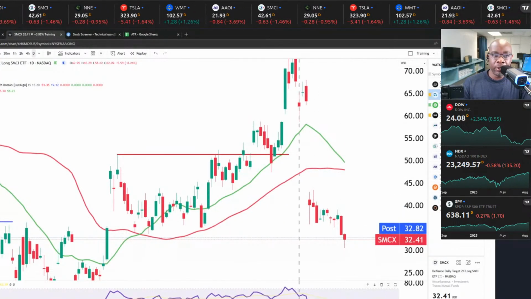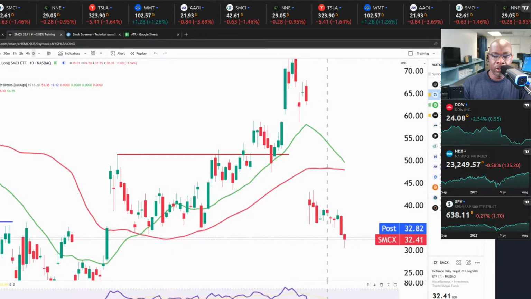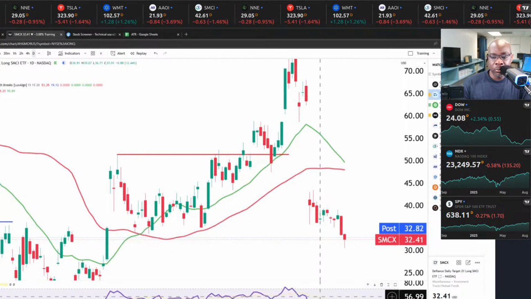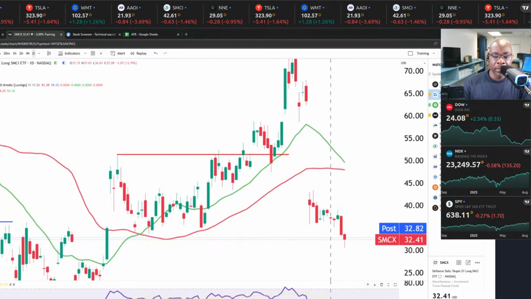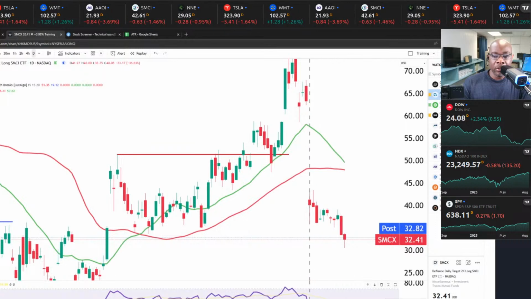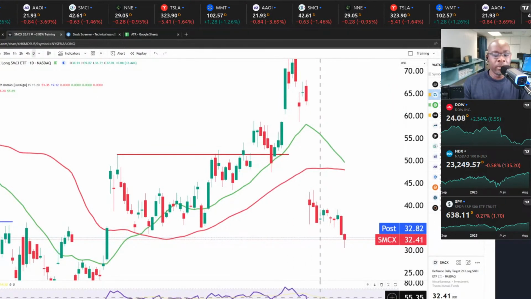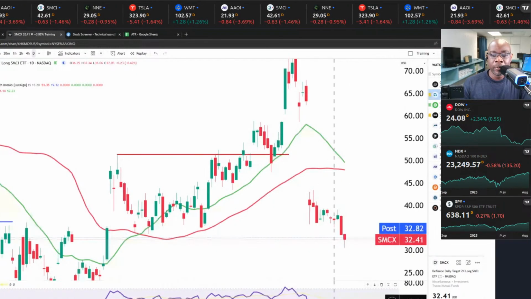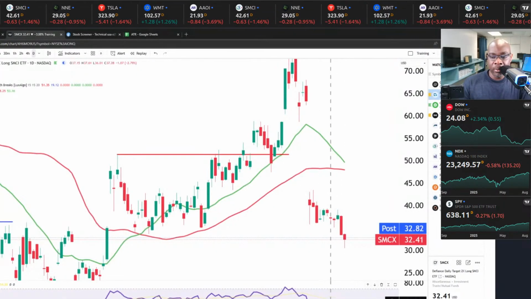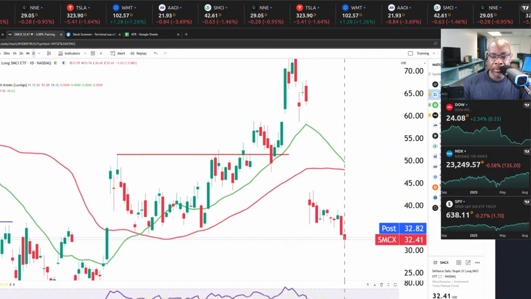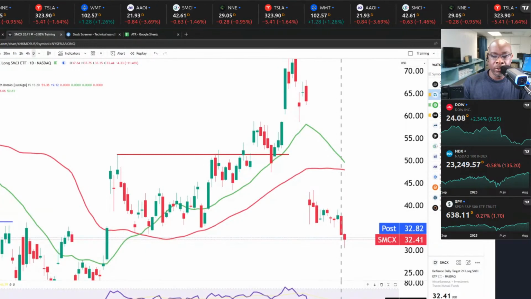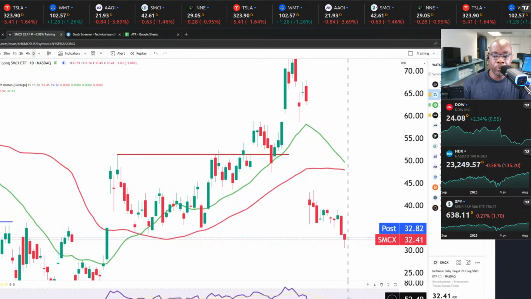Then if we look at this area right here with this purple line, this is our moving averages. What our moving averages let us know is if a stock is in an uptrend or downtrend. As long as this purple line is right down here below this red line, we know that we're in a downtrend. If the purple line is above these red dotted lines here, we know that we're in an uptrend.